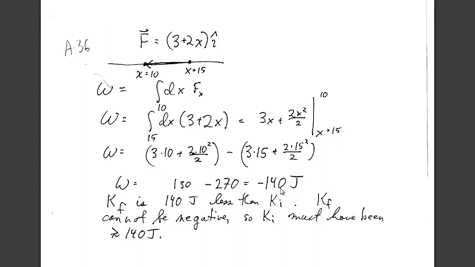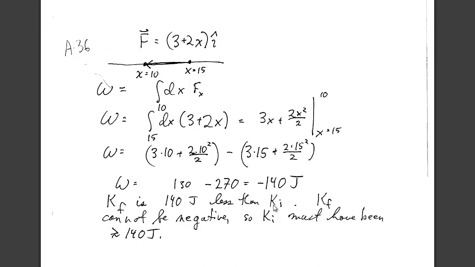Okay, so the work done is minus 140 joules, better watch that sign. And thanks to the work-energy theorem, we know that the work done is Kf minus Ki. Kf minus Ki is negative, so the final kinetic energy must be 140 joules less than the initial kinetic energy.